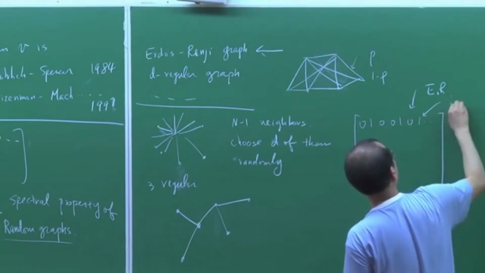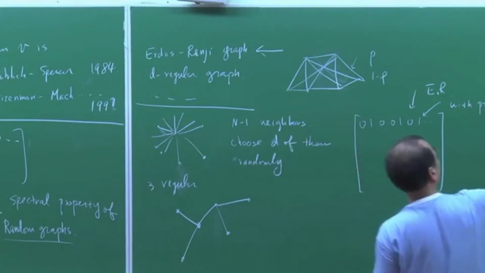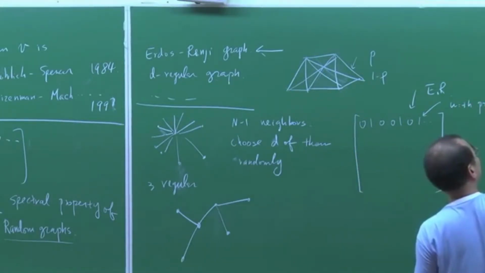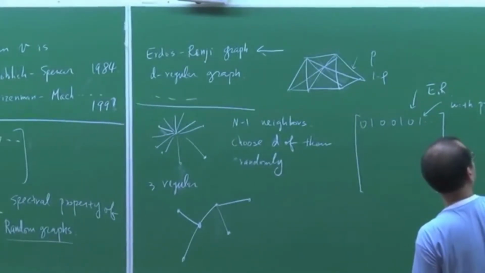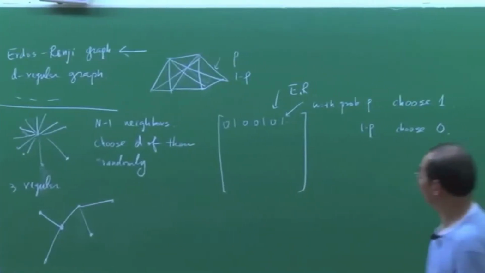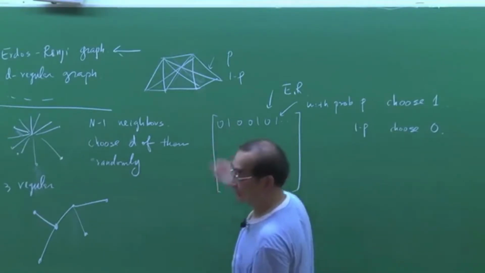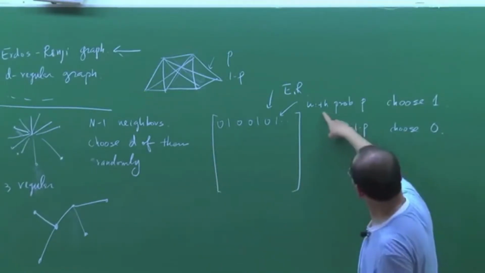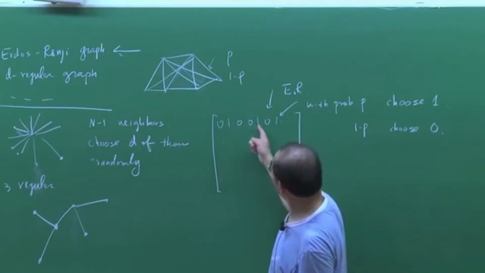With probability P, you choose 1, and with probability 1 minus P, you choose 0. So this is the Erdős-Rényi graph. Of course, you have to assume the symmetry, but other than symmetry, the Erdős-Rényi graph just independently chooses 1 or 0.